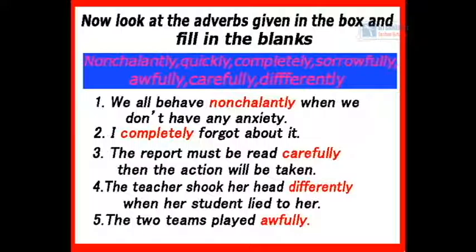I completely forgot about it. The report must be read carefully, then the action will be taken. The teacher shook her head differently when her student lied to her. The two teams played awfully.